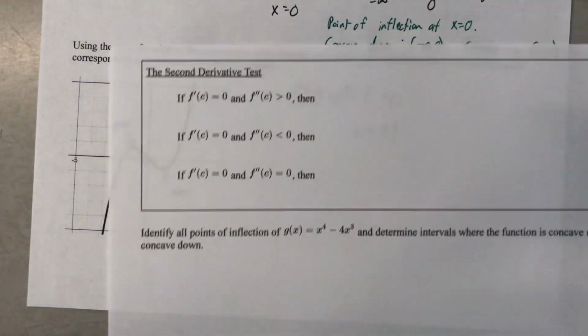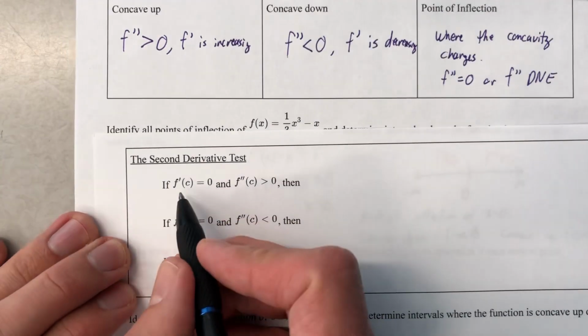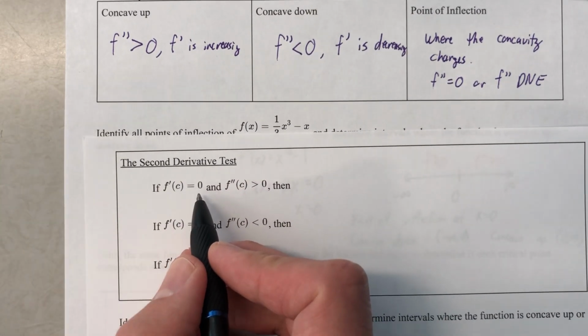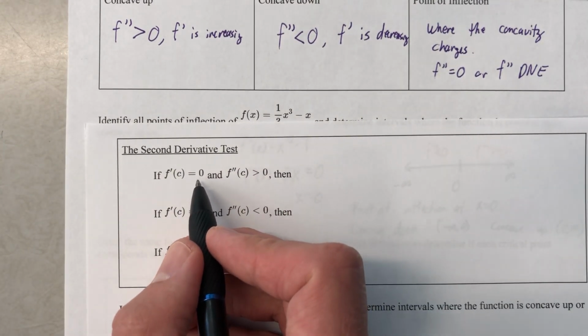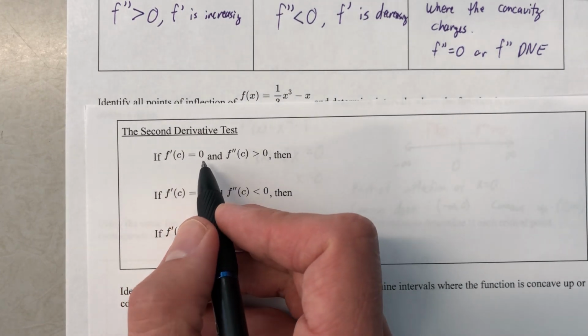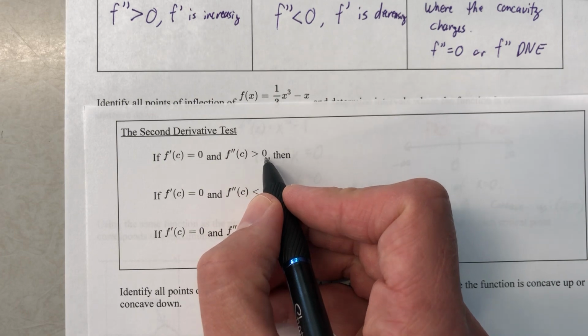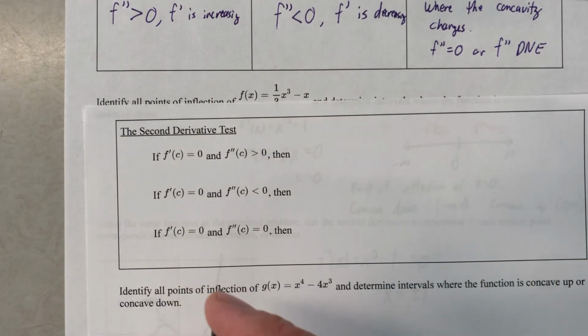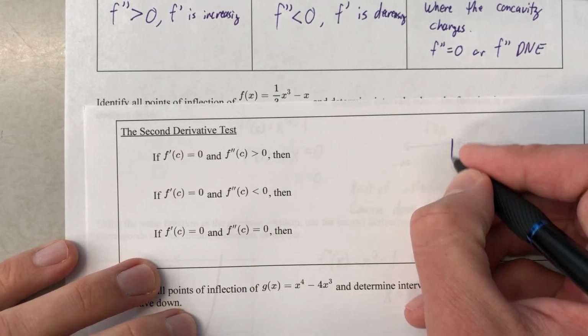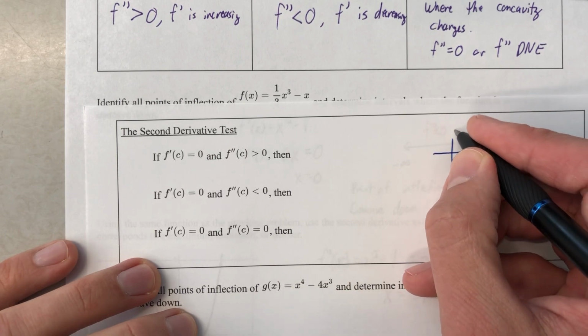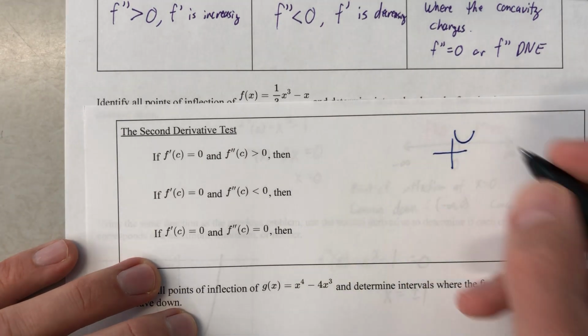And let's do this thing. If the first derivative is equal to 0, okay, that's critical. Really, that's the possibility of a critical point. And the second derivative is greater than 0, we have concave up. So let's finish this idea.